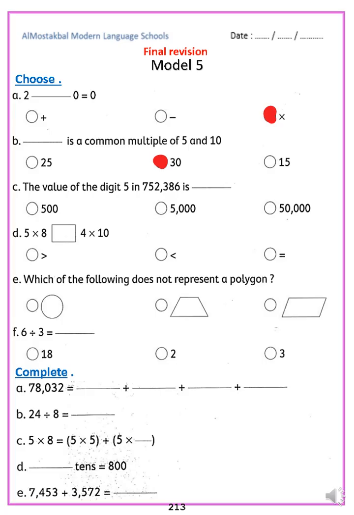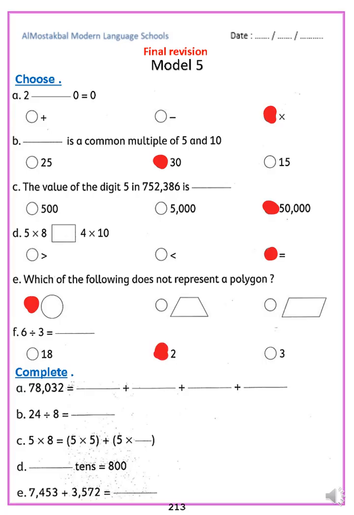The value of the digit 5 in 752,386 is 50,000. 5 by 8 equals 40. And 4 by 10 equals 40, so the answer is equal. Which of the following doesn't represent a polygon? Circle. 6 divided by 3 equals 2.